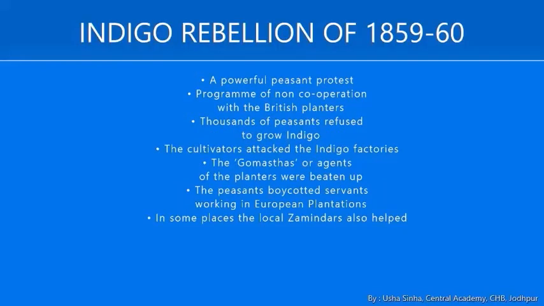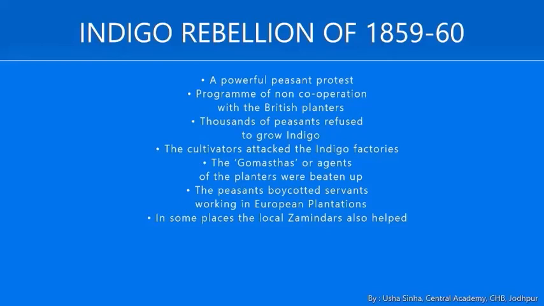In the year 1859-60, the Indigo Rebellion was a powerful peasants' protest. It was a program of non-cooperation with the British planters. As a strategy, thousands of peasants refused to grow indigo on their lands. The cultivators attacked the indigo factories.